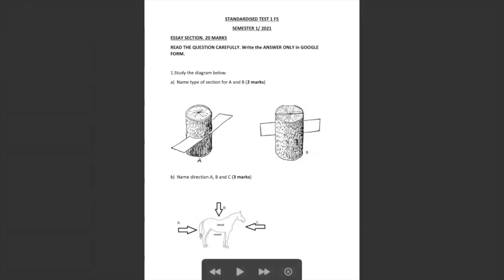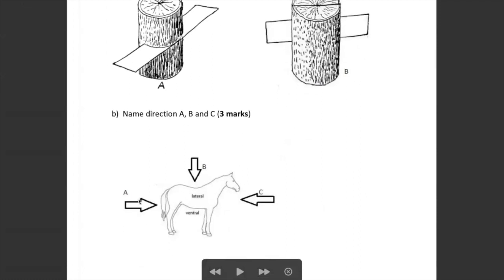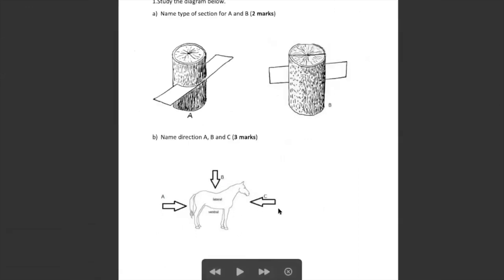Okay, B ni longitudinal section. Kalau A ni cross section. Okay, seterusnya direction A, B, C. Kalau A ni posterior. Kalau B dorsal. Kalau C anterior.